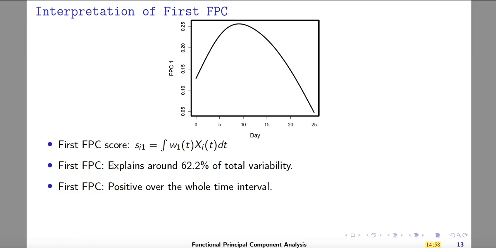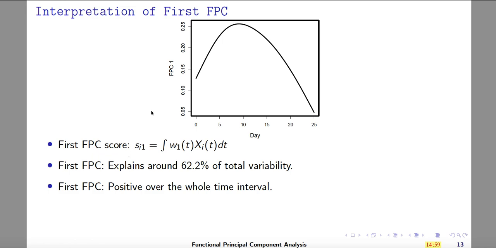This FPC W1(t) serves as the weight on the average. So the first FPC score is the weighted average of Xi(t), right?